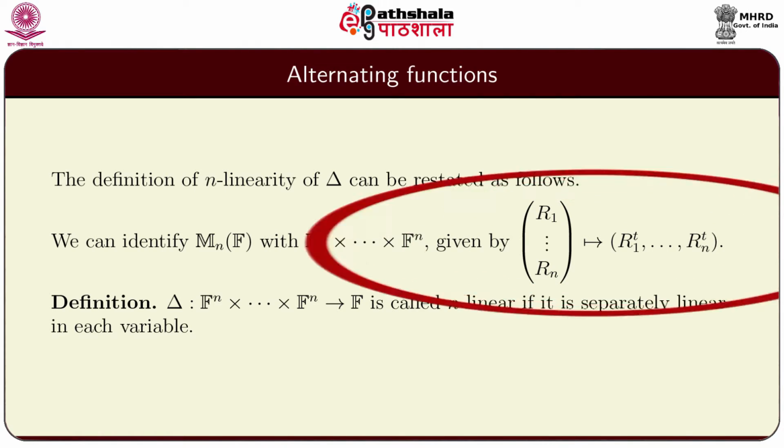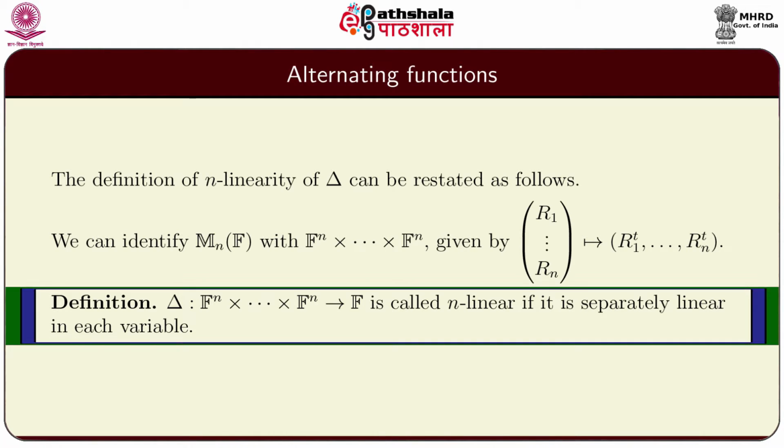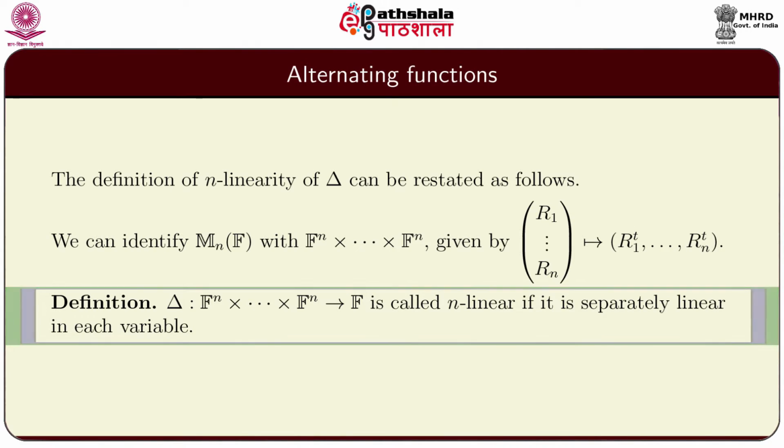So, what you see on the right hand side is an n tuple of vectors of Fn. So, up to this identification we can define delta from Fn Cartesian product dot dot dot Cartesian product Fn to F is called n linear if it is separately linear in each variable.